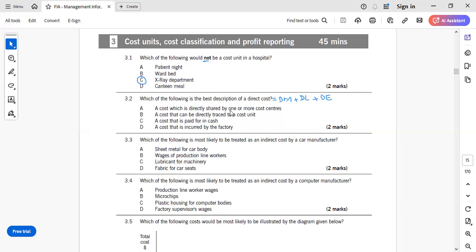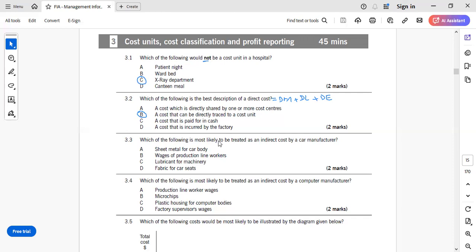A cost which is directly shared by one or more cost centers, it is not the direct cost. A cost that can be directly traced to a cost unit, that is the direct cost, which can be easily identified or directly charged to the cost unit. A cost that is paid for in cash, no. A cost that is incurred by the factory, this is the factory cost.